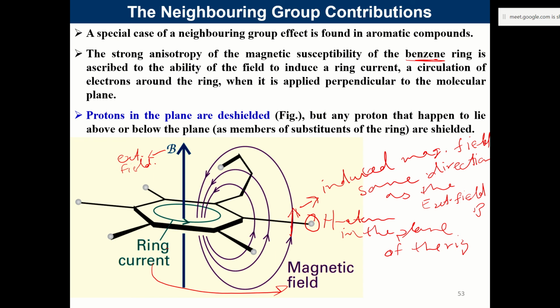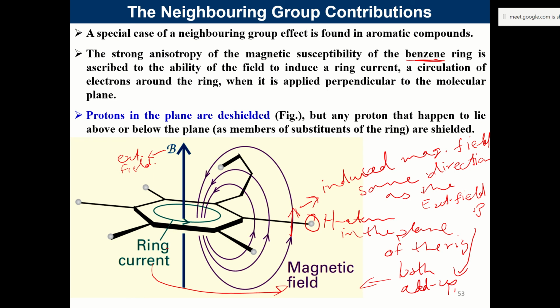You can imagine the same thing will happen to all the hydrogen atoms in the plane of the ring. If a hydrogen atom is in the plane of the aromatic ring, it will experience a net increase, an overall greater magnetic field, because both the induced magnetic field and the external field are pointing in the same direction, so they add up and you have an increased net magnetic field.